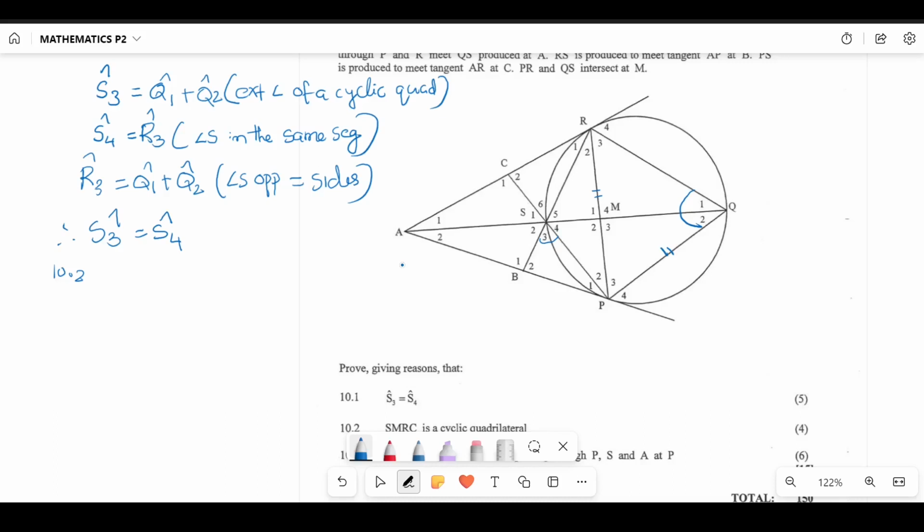Okay, let's start with what we already found here, S3 equal to S4. So this is an exterior angle of this quadrilateral that we are going to find. S1 is equal to S4. Let's start there. Angle S1 is equal to S4 because they are vertically opposite angles.